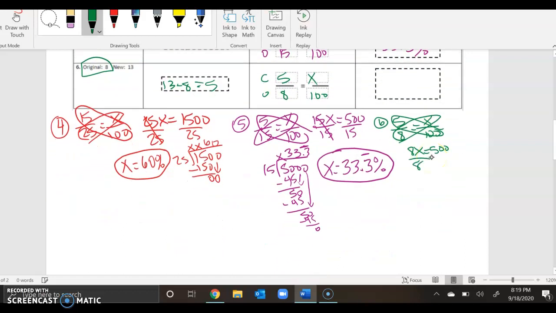To get x by itself, we will divide both sides by 8. 8 will not go into 5, but it will go into 50 6 times. 6 times 8 is 48. 50 minus 48 leaves us with 2. Bring down our 0. 8 into 20 goes 2 times. 8 times 2 is 16. Subtract, we're left with 4. We want to add a decimal. Bring down a 0. 8 times 5 gives us 40. And we're done. So this one is 62.5 percent.